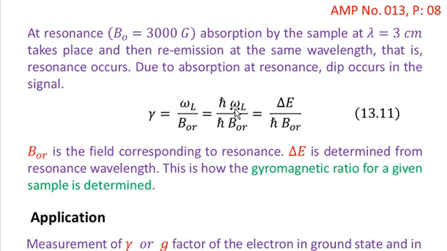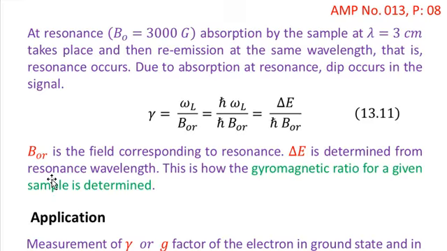So we have h bar omega L over h bar B naught R. Then h bar omega L can be represented by delta E, which is the separation between the energy levels of the two electron states in the presence of the magnetic field, and in the denominator we have h bar into B naught R. So B naught R is the field corresponding to resonance.